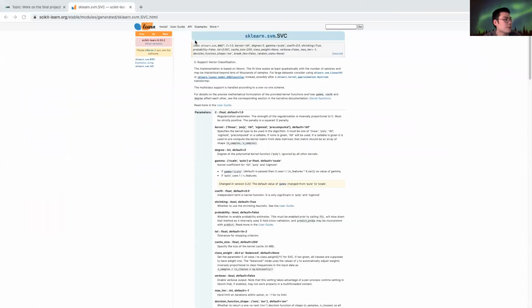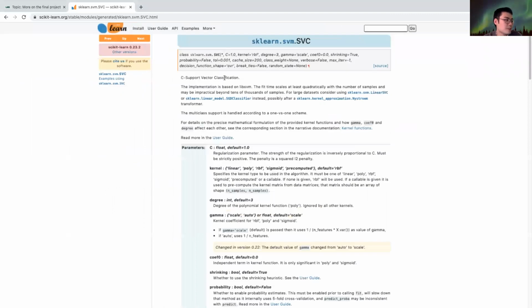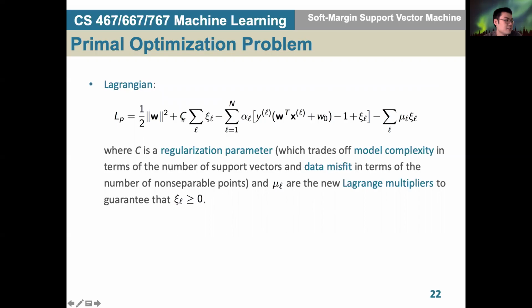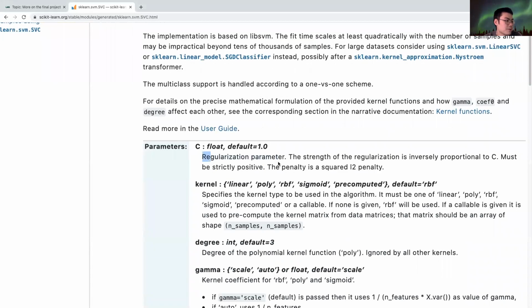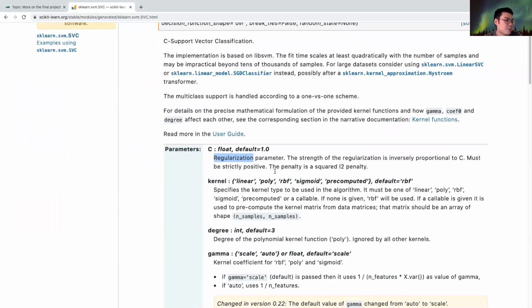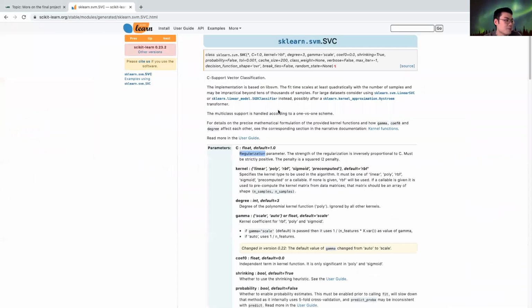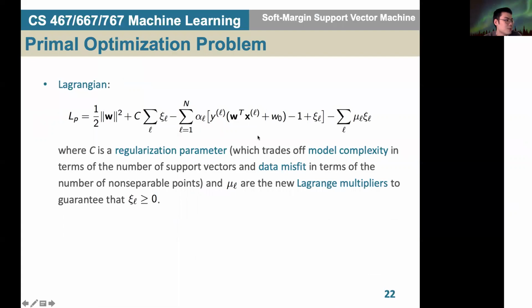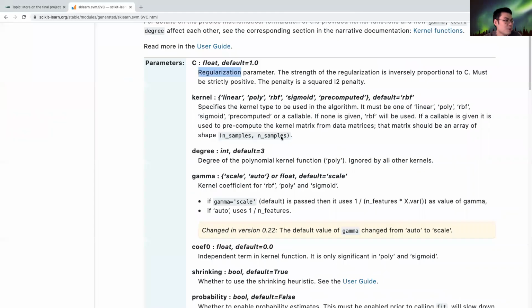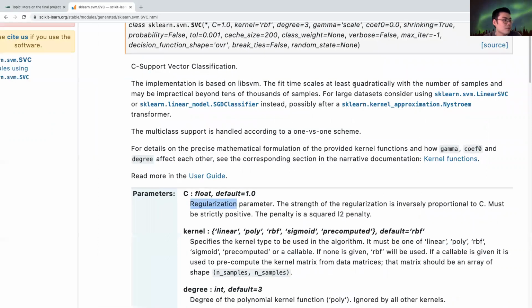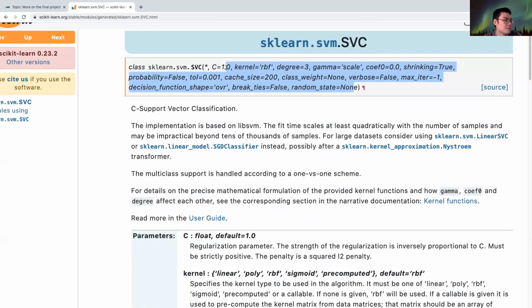Maybe by default you are using this library, but this C is exactly the C, as we look at the explanation here: this is a regularization term. If we spend all the time giving you examples of support vector machine, you don't even know what C is. You spend more time on mathematics, and when you come back, you know how to tune those things, so you are a more advanced user of scikit-learn.